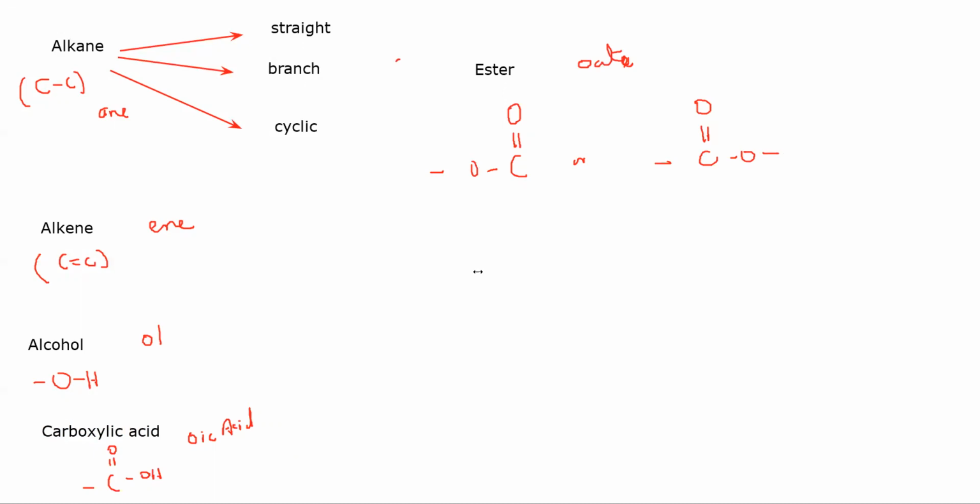And the halogen alkanes contain fluorine, chlorine, bromine, or iodine.